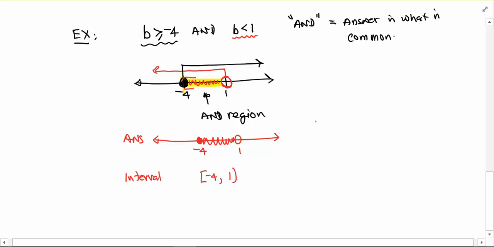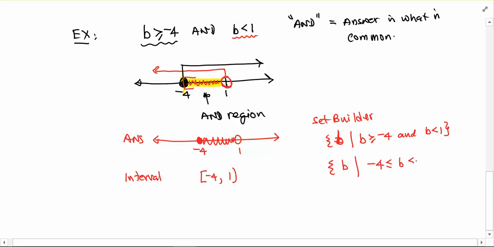And what about set builder? So set builder, you have a choice. You could say b such that b is greater than or equal to -4 and b is less than 1. That is acceptable. Alternatively, and better, would be to say -4 less than or equal to b less than 1. Because that's what this region is.